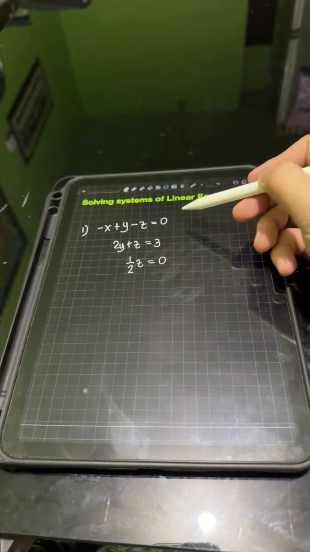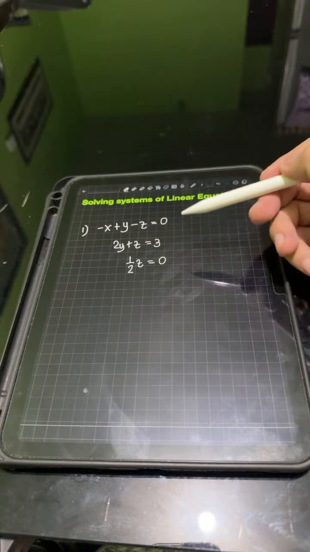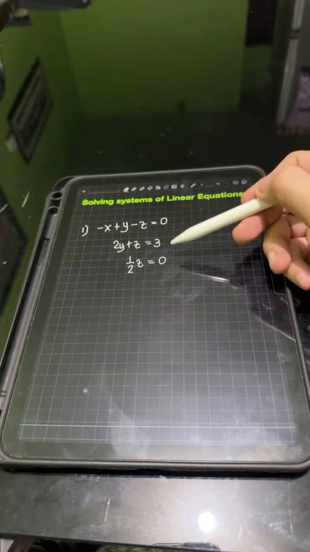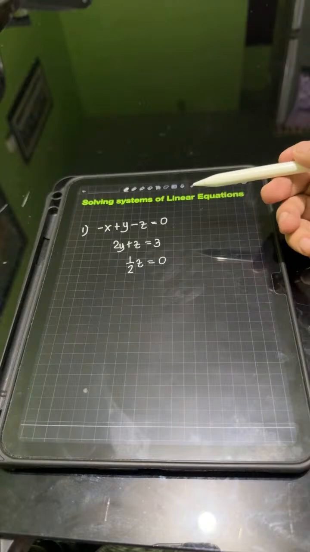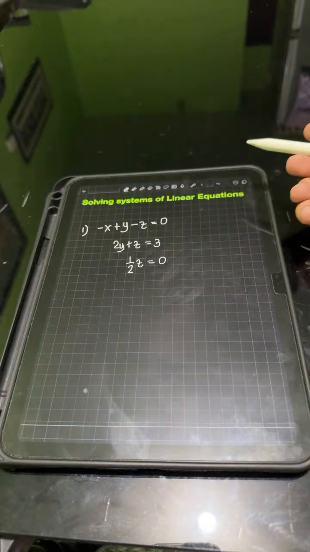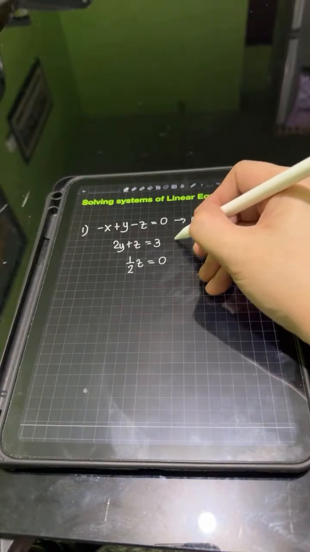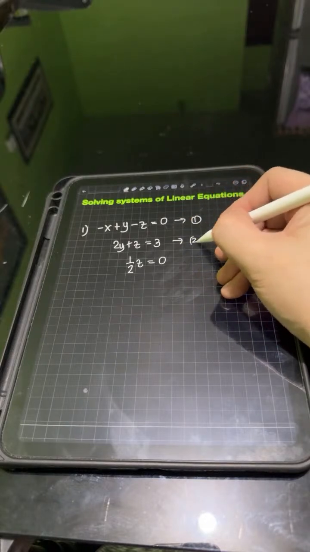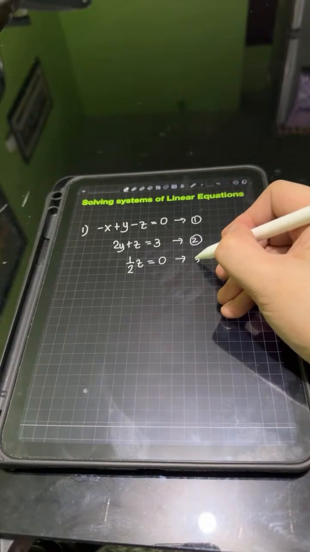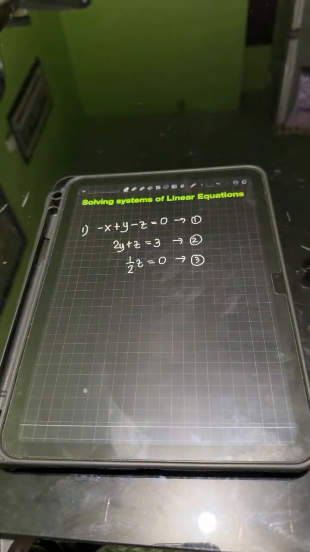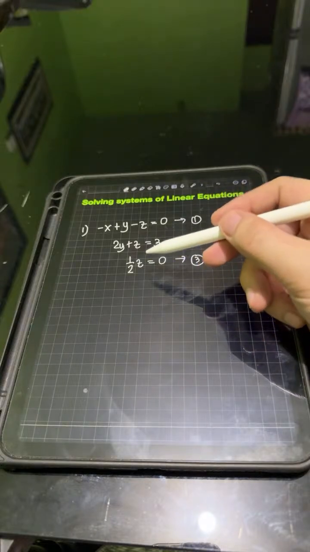So we now have three linear equations in three unknowns, x, y, and z. Let's name the first one as equation 1, the second as equation 2, and the third as equation 3. Obviously, in the third equation, we can already solve for z, right?